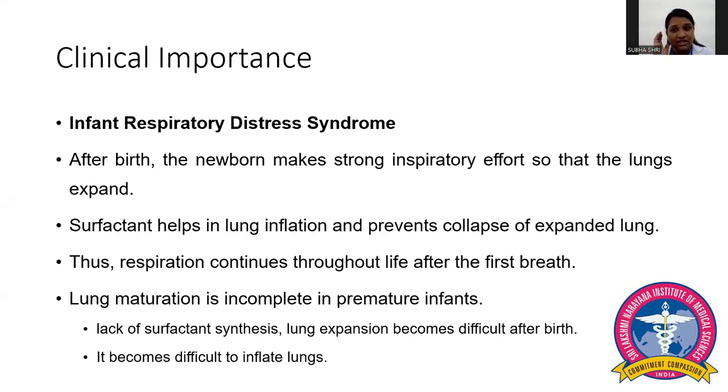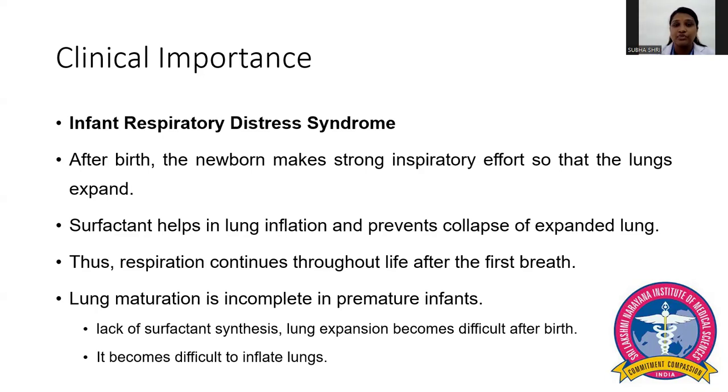What happens in that child? The alveoli will tend to collapse. Here and there will be atelectasis, because of which gas exchange cannot take place. So the infant will have respiratory distress. This is called infant respiratory distress syndrome.